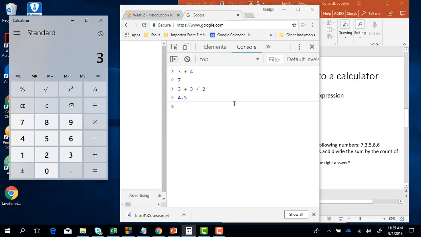And if you remember your math, that is the correct order of precedence. It's just that the calculator is calculating the intermediate results right away, whereas the JavaScript is actually following the mathematical rules of precedence.